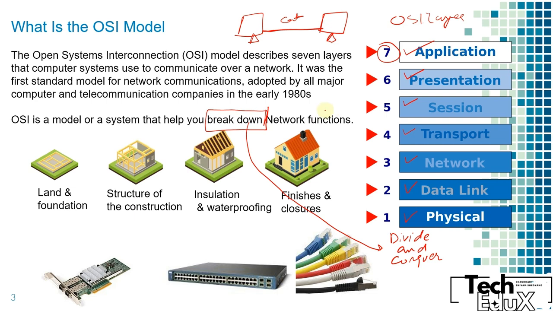So they broke this one layer down into multiple layers. They could have had a single layer, but they divided it into sub layers to make you understand what is happening at every layer and how you are going to troubleshoot that particular layer. That is the basic idea behind the breakdown, so you can divide and conquer. I hope you get the idea.